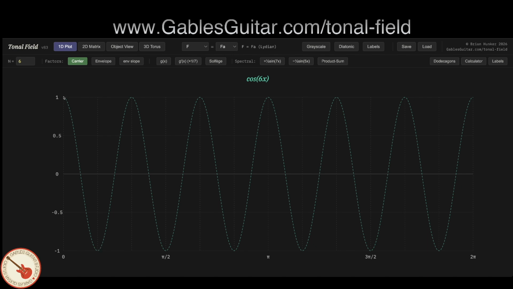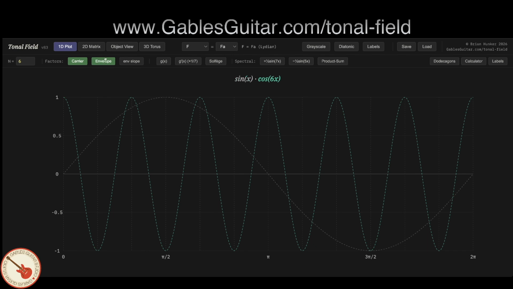So in terms of half steps and whole steps, the cosine 6x does a pretty good job capturing the behavior of a chromatic scale, flipping its sign at every semitone. But this is not enough to get us 12 tones. For that, we're going to need to modulate this chromatic scale by the envelope.